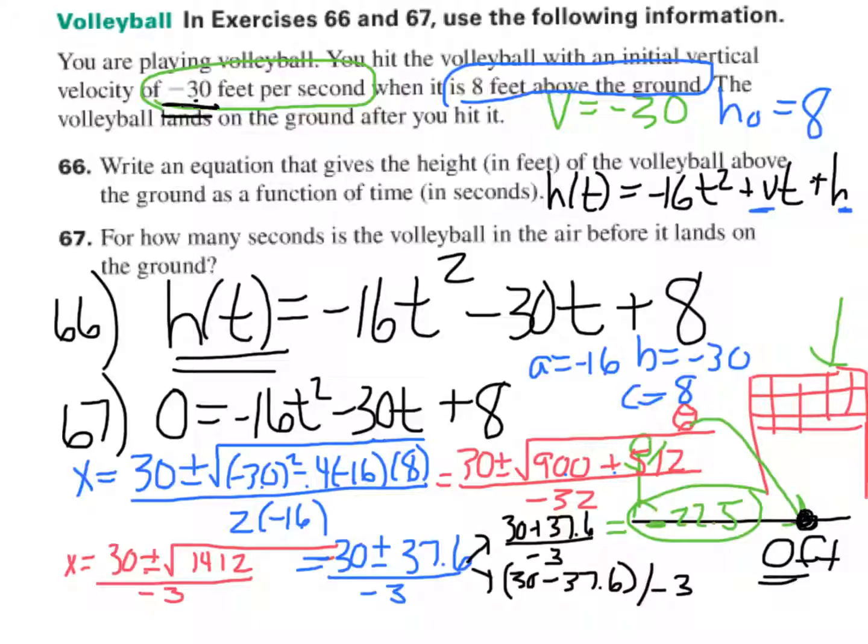Divide that by a negative 32, and we're going to get a positive 0.24 seconds. So this problem takes some work, but the answer is it's going to take about 0.24 seconds for that volleyball to hit the ground.